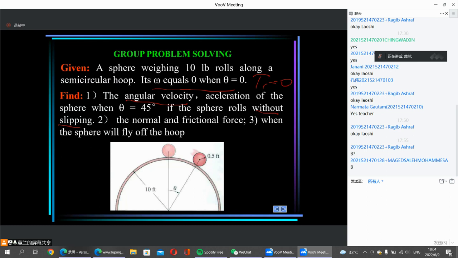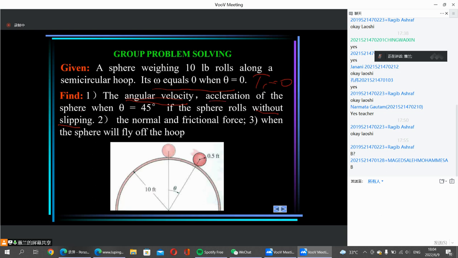So we can find out the work by the weight, and the final kinetic energy can be expressed by the angular velocity. Even though the sphere is rolling, it's rolling without slipping. So for general motion, the kinetic energy has two parts: translational kinetic energy and rotational kinetic energy, right? You use the principle of work and energy to find the angular velocity.